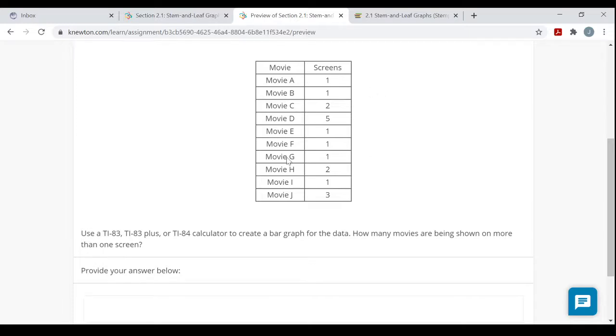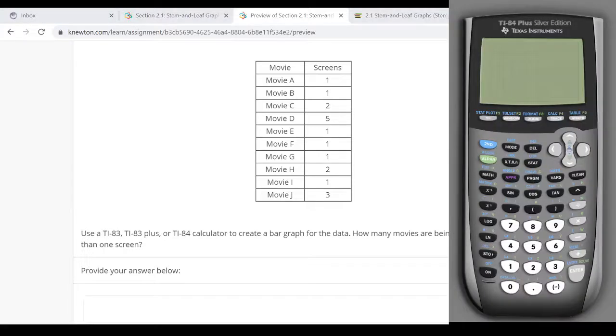You've got your categories. Now you can't enter categories in a list, but you're going to enter the number of screens in a list. All right, so this time I'll just pull the calculator up here. All right, so you go to Stat, Edit.